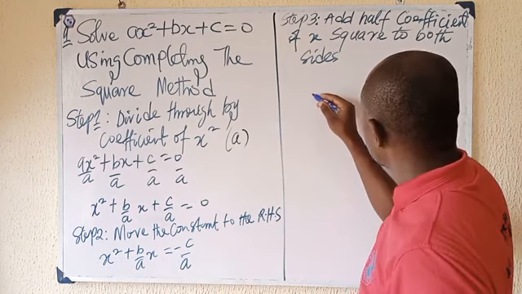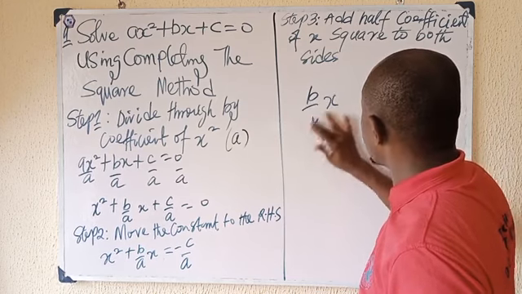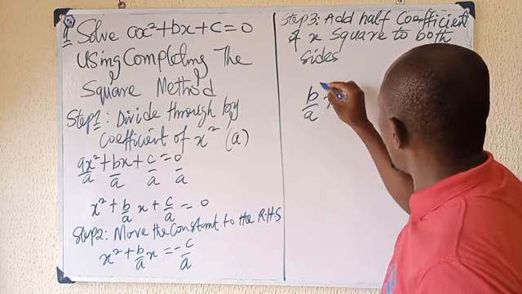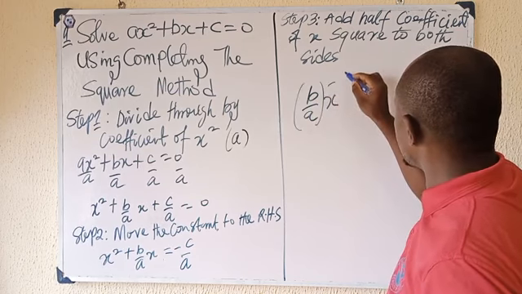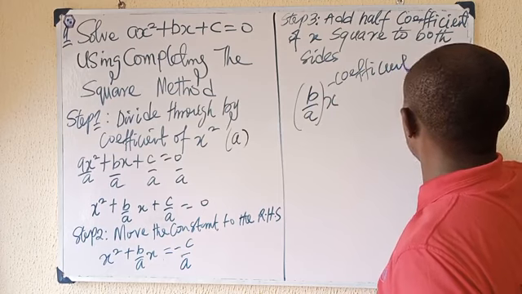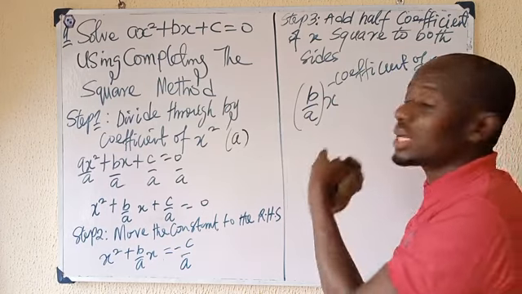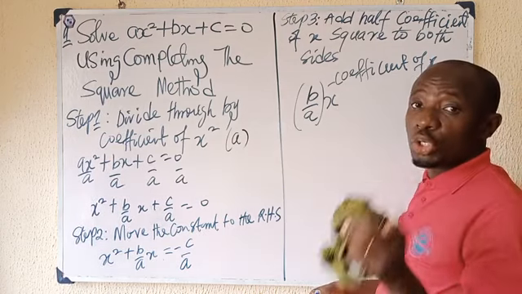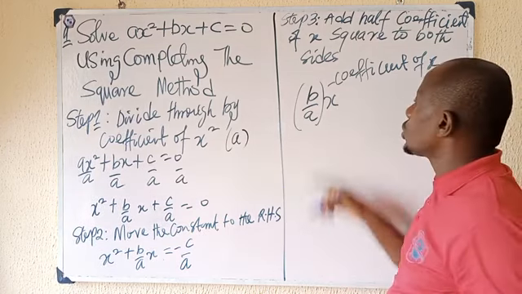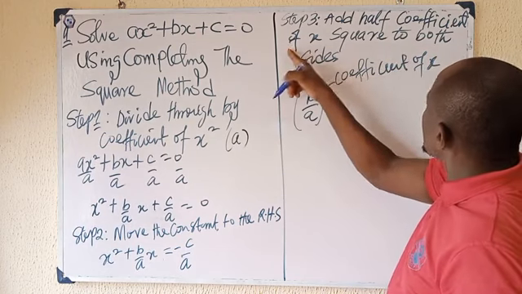Now, what we have there is what? b over a x. We call this the coefficient of x. Any value or number, fraction attached to x is called the coefficient of what? x. So this is our coefficient. They say add half the coefficient of x.